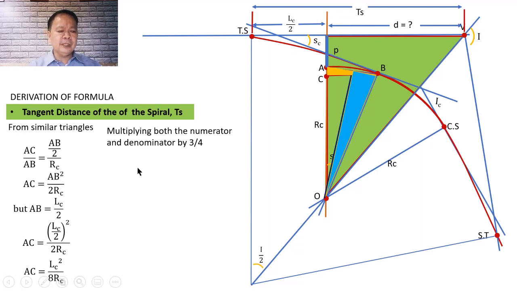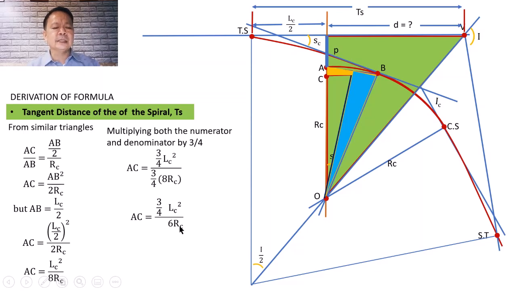So that if the denominator and the numerator will be multiplied by 3/4, therefore the denominator will become equal to 6. So that makikita natin dito that AC will be equal to 3/4 of LC squared over 3/4 of 8 multiplied by R sub C. And this product, when this will be simplified, is actually equal to 6R sub C. So I have here 3/4 of L sub C squared over 6R sub C.